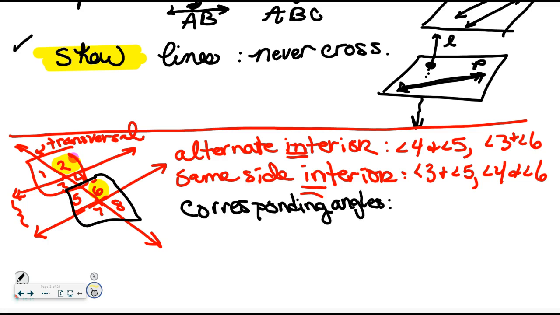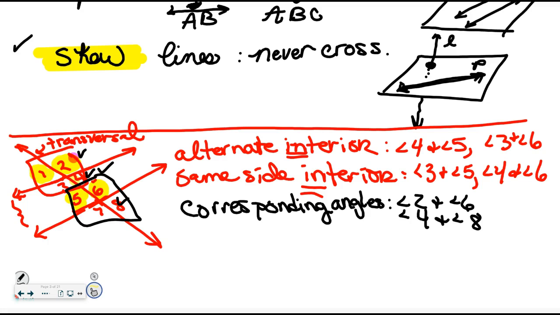And I'm going to list 2 pairs, and then I'll ask each of you to list another pair. So 2 and 6 are both in the top right. 4 and 8 are both in the bottom right. So that's another pair. So we're going to say angle 2 and angle 6, angle 4 and angle 8. Top right, bottom right. So you're up. Who would be the corresponding angle to angle 1?